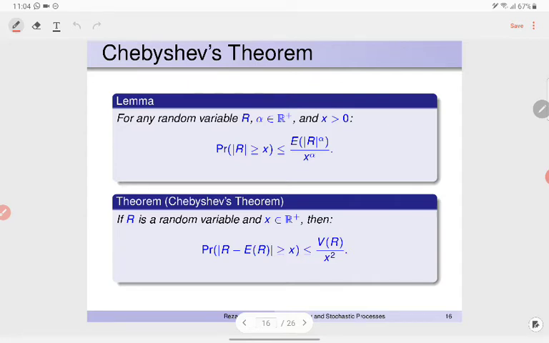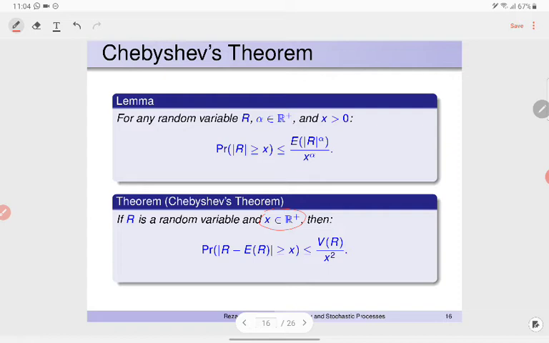It does not have to be a positive or non-negative random variable, and x is a positive real number, then the probability that the absolute value of R minus the expectation of R is larger or equal to x is less than or equal to the variance of R divided by x squared.